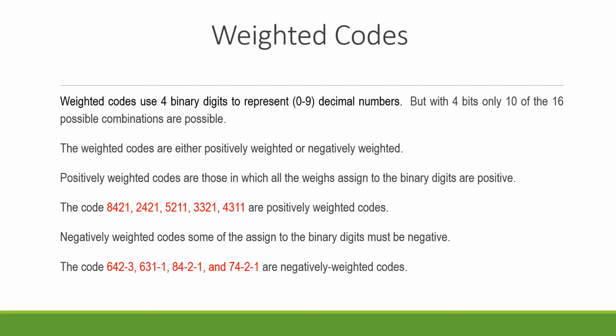Now let us see what is weighted code. Weighted codes use 4 binary digits to represent 0 to 9 decimal numbers. But with 4 bits, only 10 of the 16 possible combinations are used. What it actually means is the combination of zeros and ones in 4 bits.